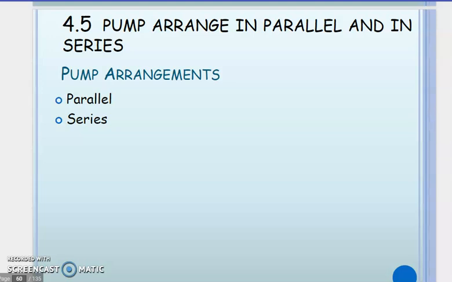Let's say the demand, the head required by the system, is much higher compared to the pump capability. What you can do is use smaller pumps that together are able to supply the capacity or head required by the problem.